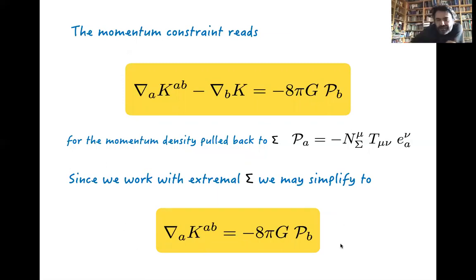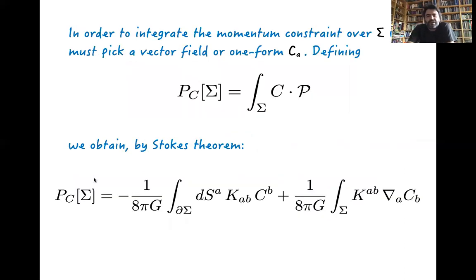And then the idea is that I should integrate this equation, right? But because it's a vector equation, I need some vector field to integrate it. I need to contract this index with a vector field. Let me call it C, okay? So I multiply both sides by some vector field C and integrate, right? Then when I integrate, I can integrate by parts this derivative here, getting two terms. And then the momentum constraint can be written in this integral form, okay?